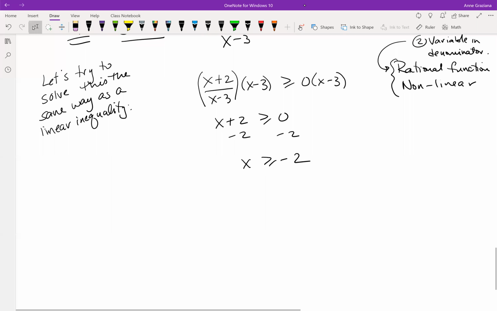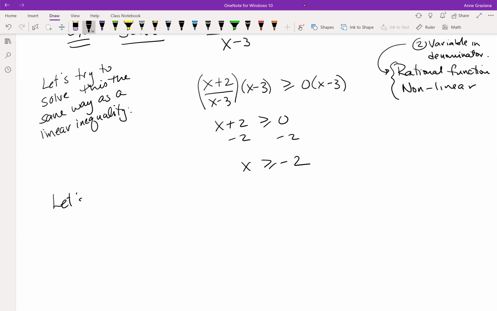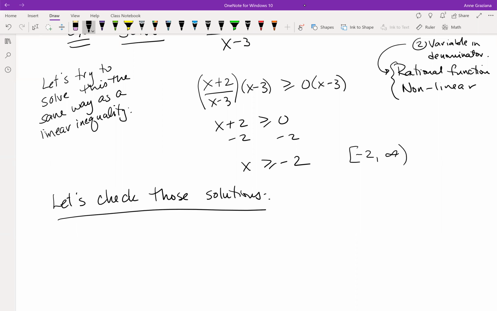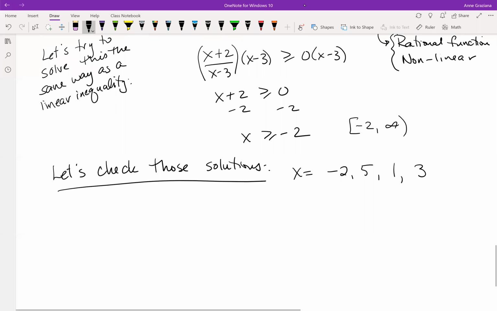Okay, now let's check some of those solutions. If I pick a number greater than -2, so this is from -2 to infinity, let's say x is, we'll try -2, 5, 1, and 3. Okay.